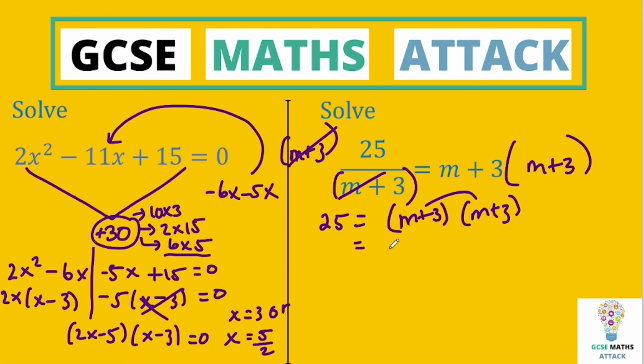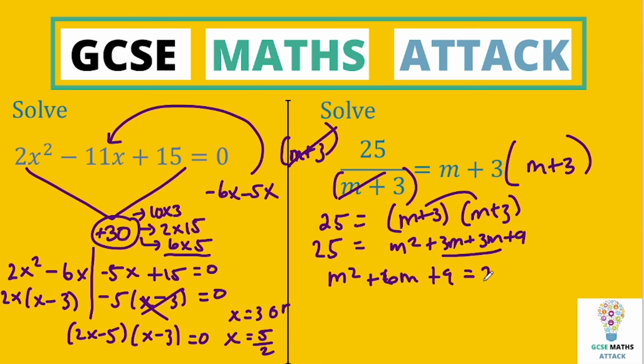I've got m squared, I've got 3m, I've got 3m plus 9, 25, okay? So I'm left with m squared plus 6m, because those two give me 6m, plus 9 equals 25. I'm going to subtract 25 from both sides, and I'm left with m squared plus 6m minus 16 equals 0.